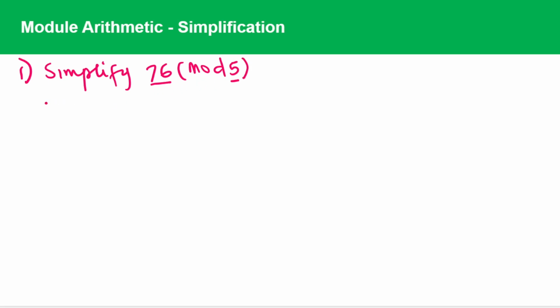To simplify, we divide the number by the mod, 76 divided by 5, and we take note of the remainder. 5 in 7 is 1, remainder 2. 5 in 26 gives us 5, remainder 1. So we have a final remainder of 1. This final remainder of 1 is my answer. Therefore, my answer is 1 mod 5.